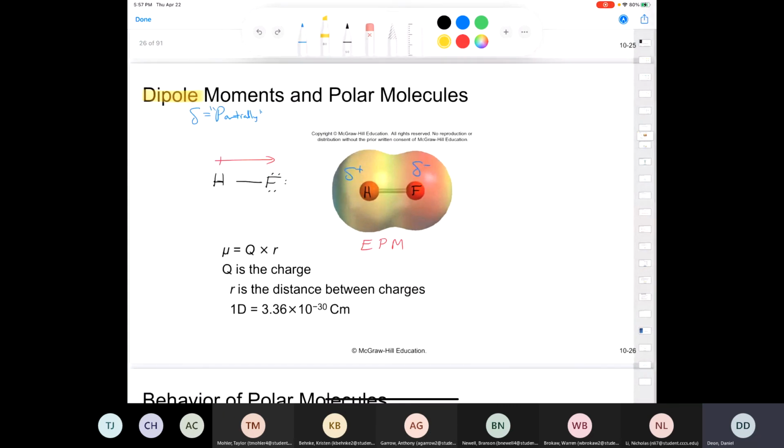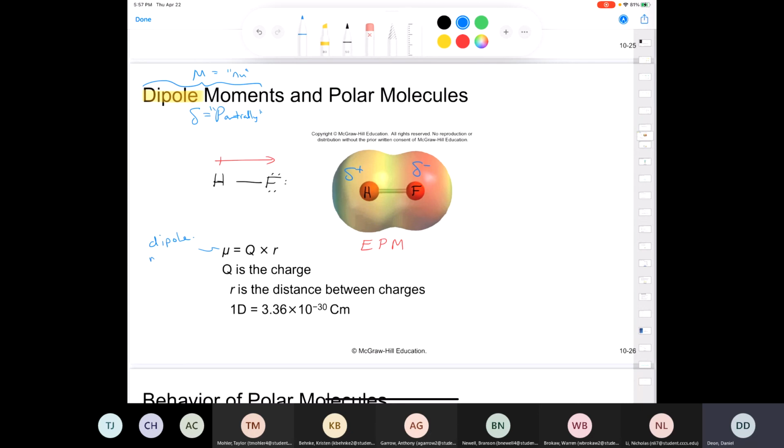Now, in terms of dipole moments, how do we calculate a dipole moment? Dipole moment is represented by the symbol mu. This is the symbol for dipole moment.